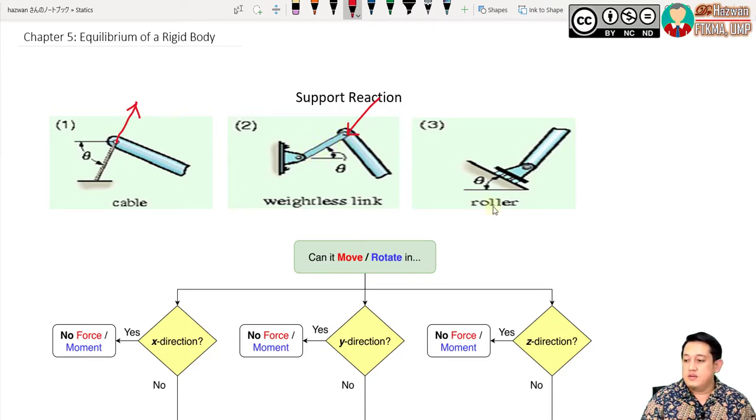And for this roller, if we push down in this direction, the roller will not move downwards, because it will have a reaction. So we will look at how to determine, or how to draw, the reaction that I've been talking about.